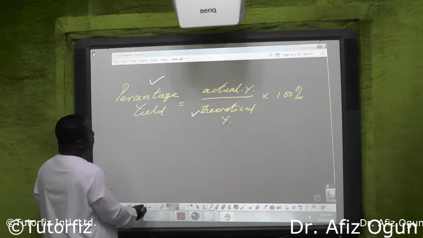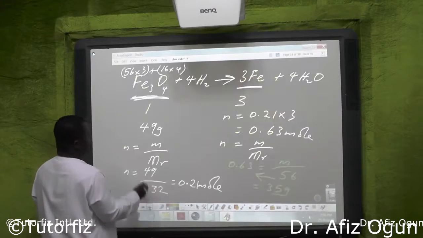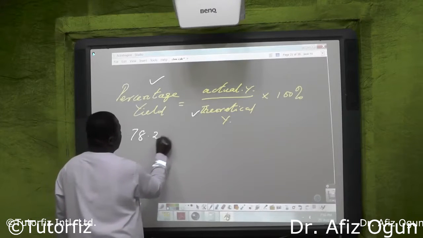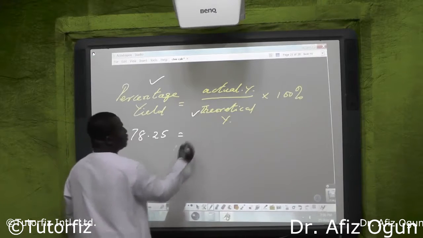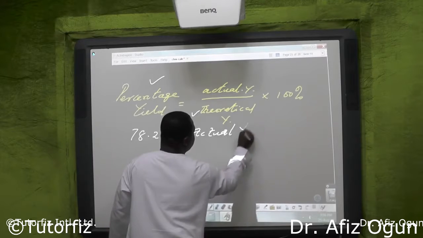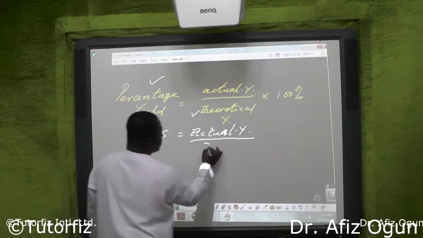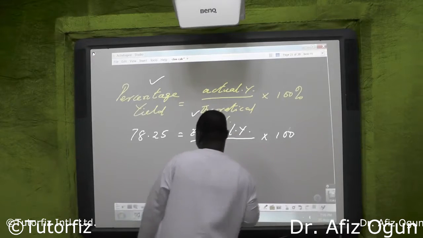So, the percentage you are given from the calculation, 78.25, equals your actual yield, which you don't know, divided by your theoretical yield, 35, multiplied by 100.